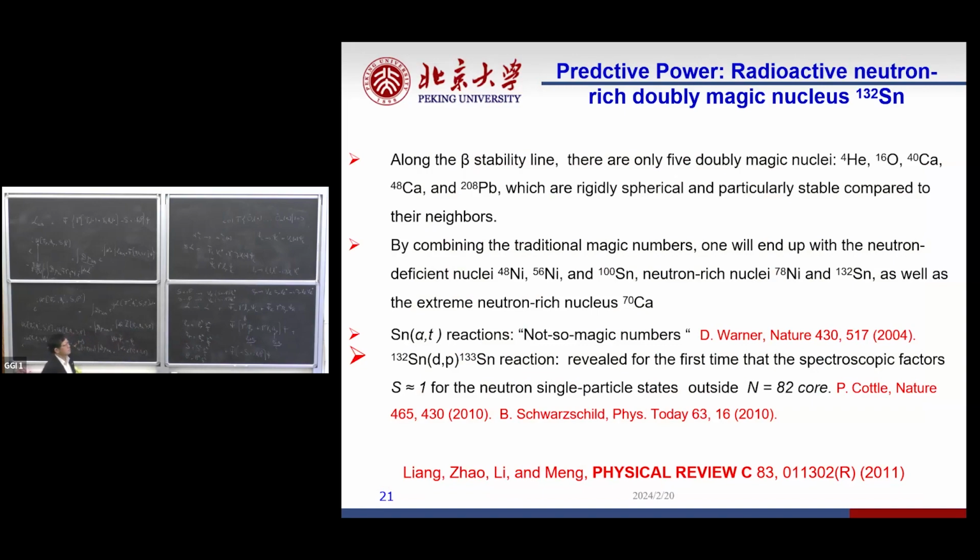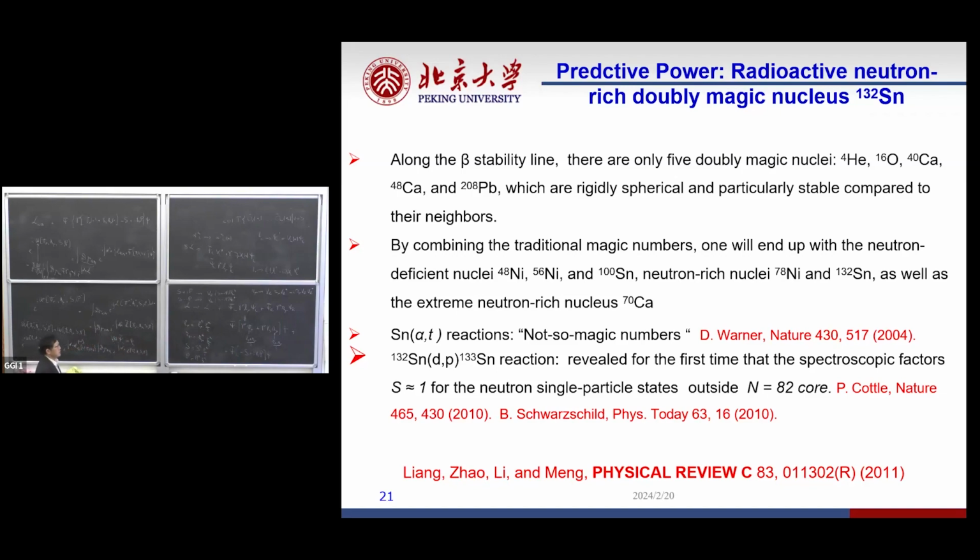One of these possible ways is tin-132. Tin-132 is the most neutron-rich radioactive double magic nucleus which has been observed so far.